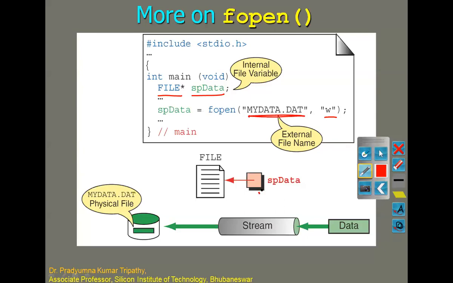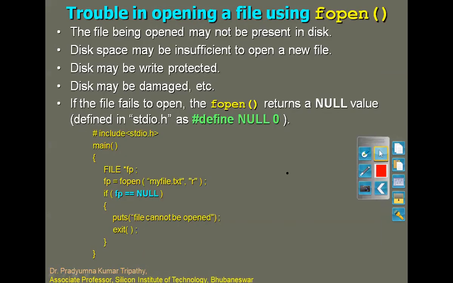Let's go for an example. How to open the file in reading mode. Try to understand this program we have written, assuming that this file already exists. If you have some programs you have defined, that program name also you can use.